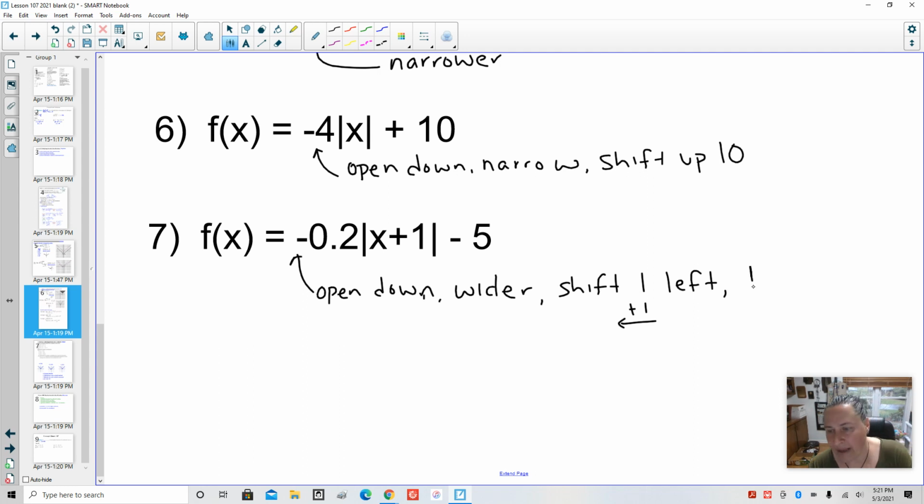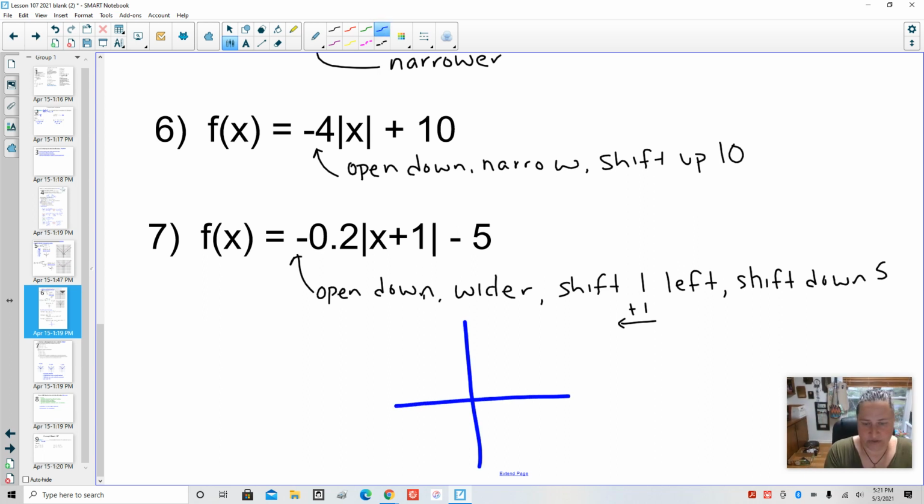And we're going to drop it. I'll call that a shift too. Shift it down 5. So really quickly, if you wanted to think about what that looks like. So I'm shifting down 5, left 1, and I'm making it open down and super wide, right? So that's what it'll look like.